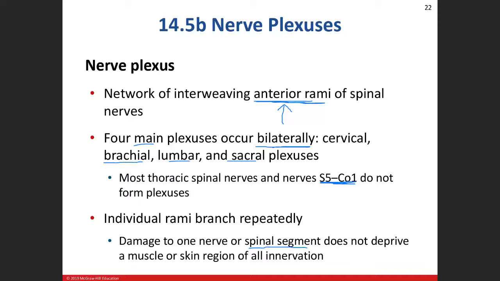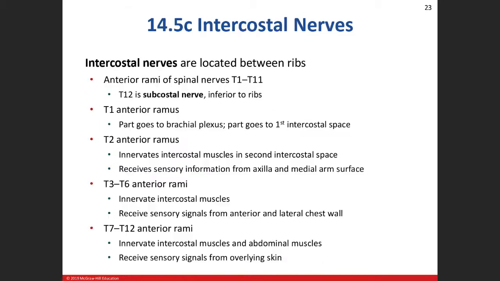It's very helpful. Let's start by talking about the intercostal nerves, and then we'll go into the plexuses.